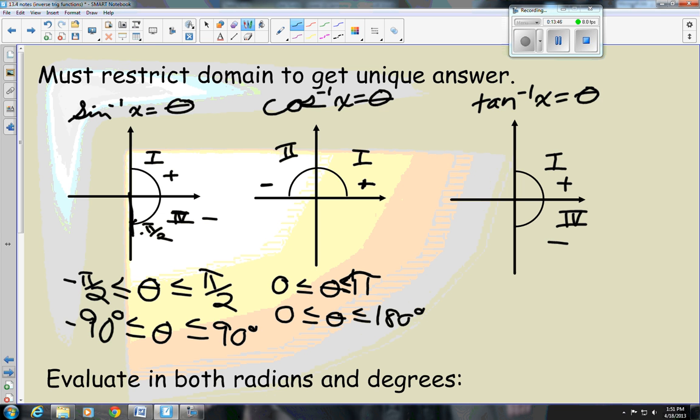So we have negative pi over 2 is less than or equal to theta, is less than or equal to pi over 2. Negative 90 degrees is less than or equal to theta, is less than or equal to 90 degrees. Same as sine. So sine and tangent are the same for the values you get back.